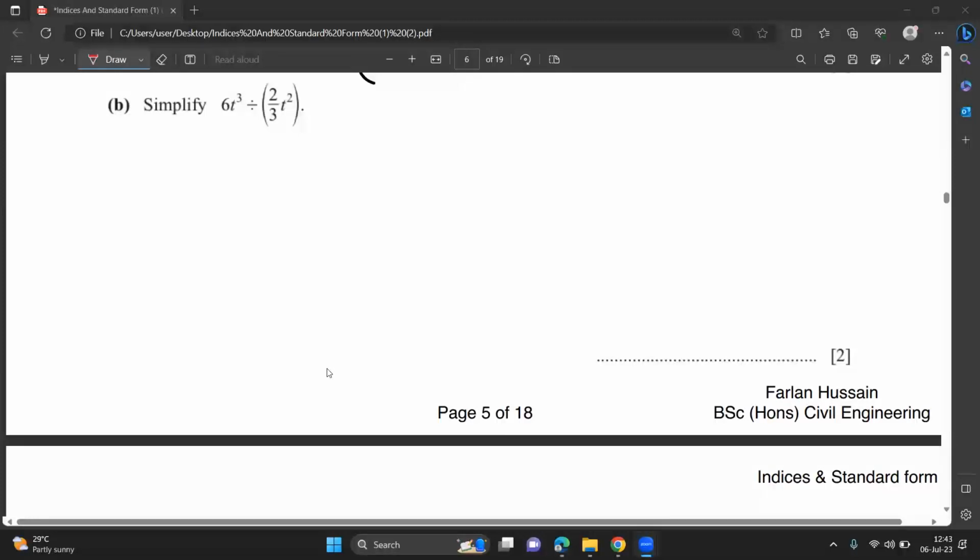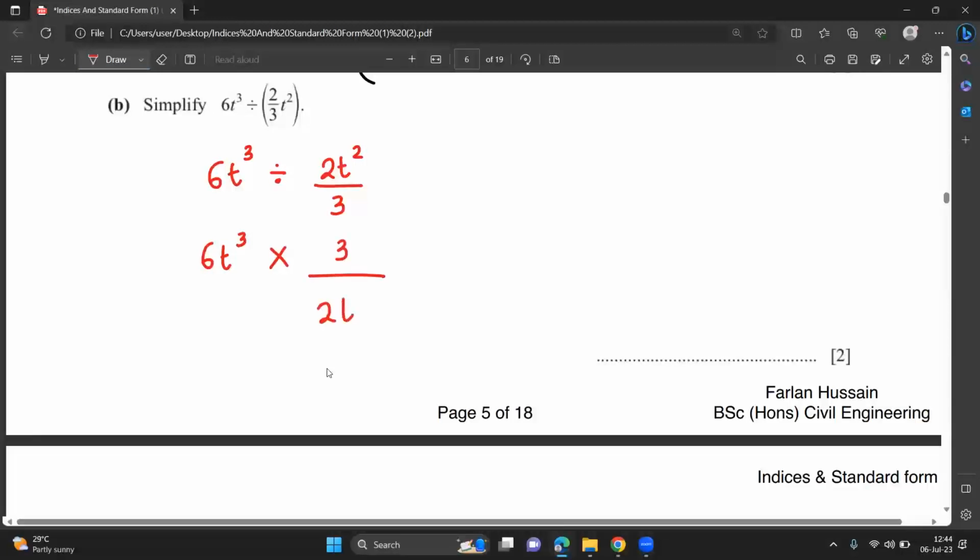If you are rewriting this, I want you to write it as 6t cube divided by 2t squared over 3. Sorry. Then what do we do when we have a division? We change it to a multiplication sign and reciprocate your fraction. Is that clear? If you have the t in the middle, will you know how to reciprocate it? No. That's why we write it along with the numerator.